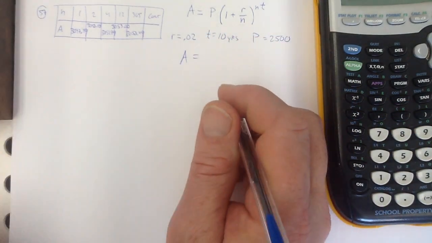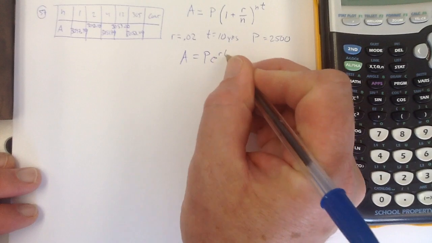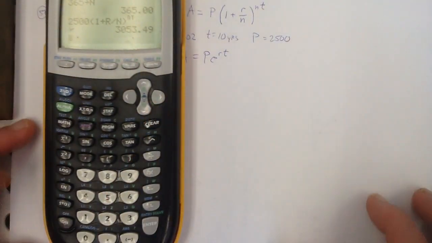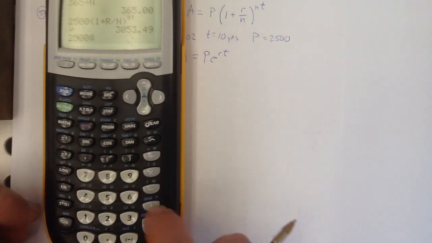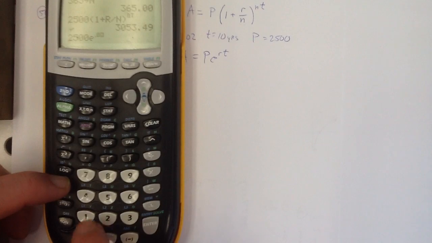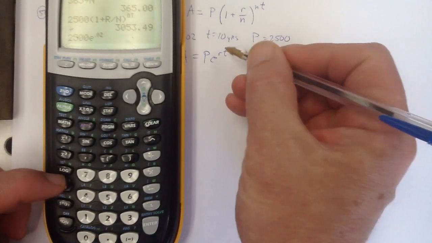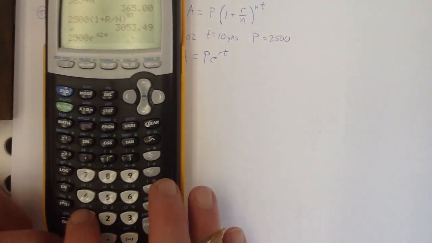That is my A is equal to, this is the PERT formula, P e to the RT. So to do that, I'm just going to do it in one shot. My principal is 2,500, and then I'm going to do my e to the, my rate is 0.02, and my time is 10 years.